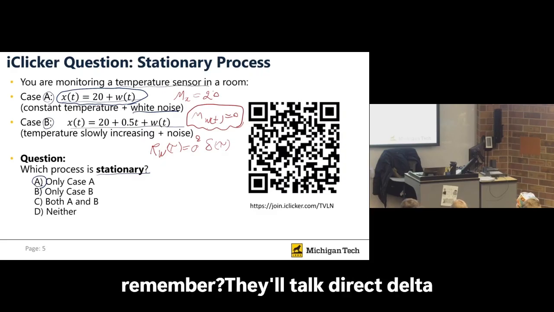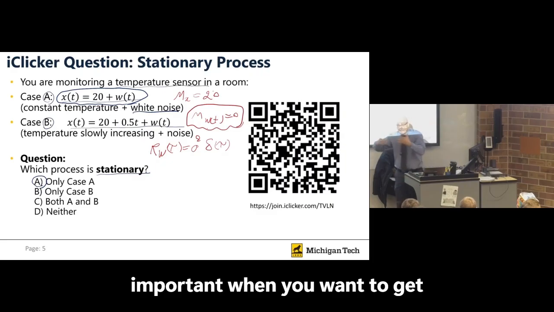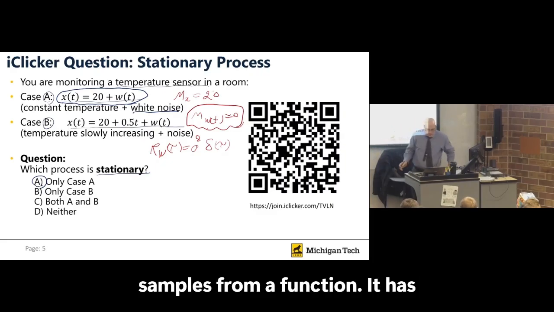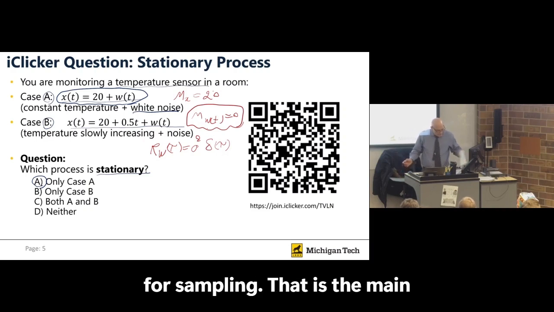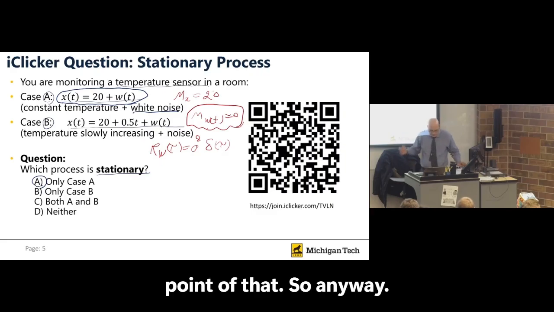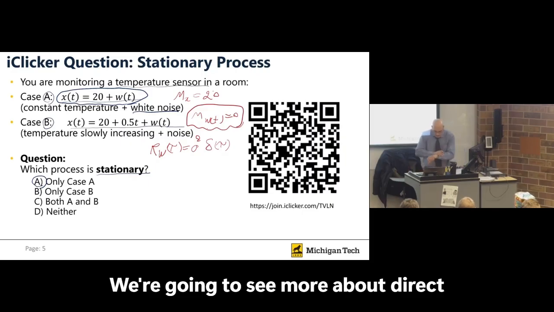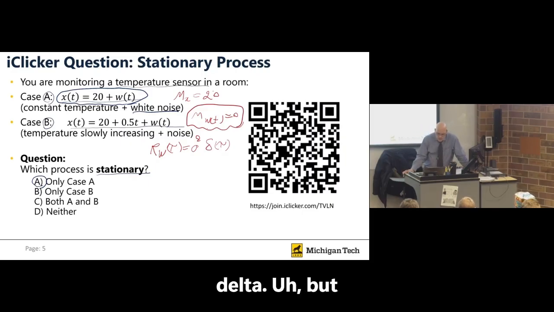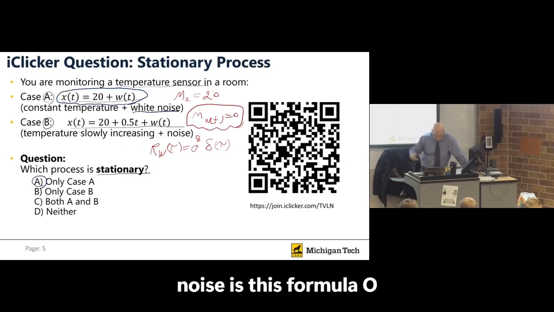Do you remember the Dirac delta function? It was very important when you want to get samples from a function. It has some beautiful characteristics for sampling. That is the main point of it. We're going to see more about Dirac delta, but the autocorrelation for white noise is this formula.